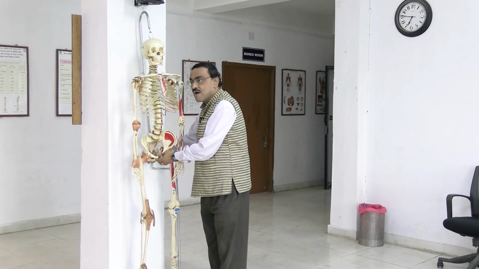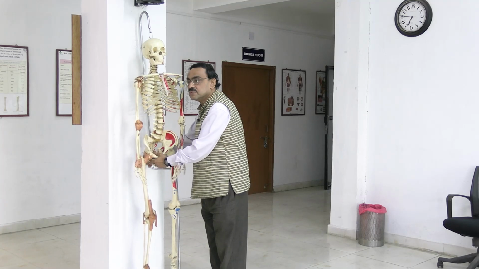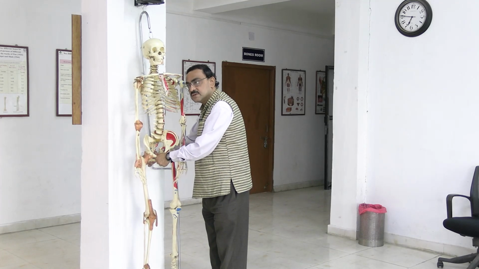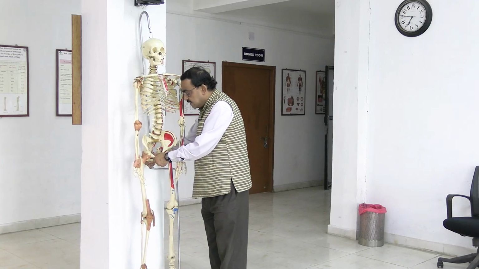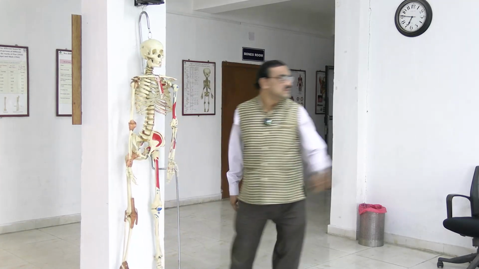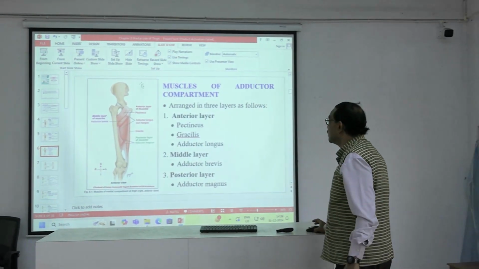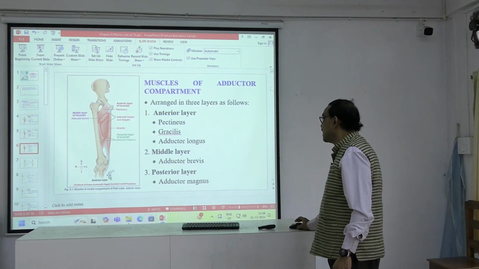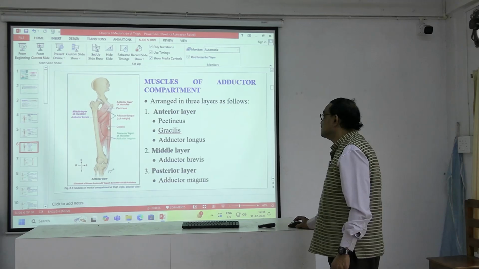So, from the ischiopubic ramus, because it is common to both, that means it is common to pubis and the ischium also, from the inner border this muscle is taking origin, that is the gracilis muscle. This is also an adductor group muscle, which comes straight down and is inserted in the upper part of the tibia. Okay.